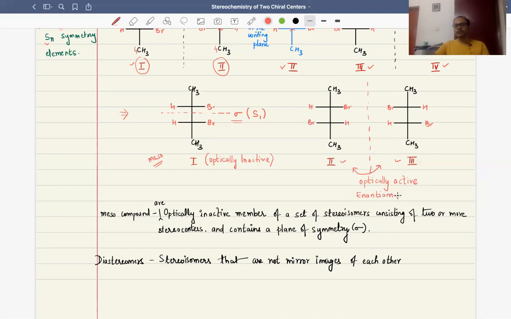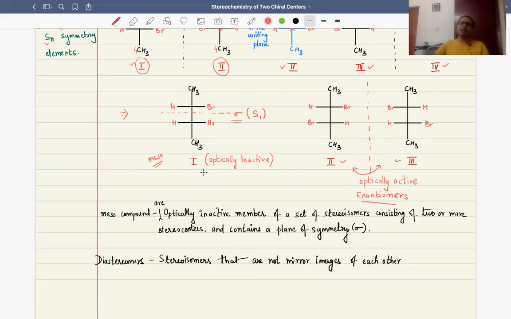So what are enantiomers? These are stereoisomers which are non-superimposable mirror images of each other.